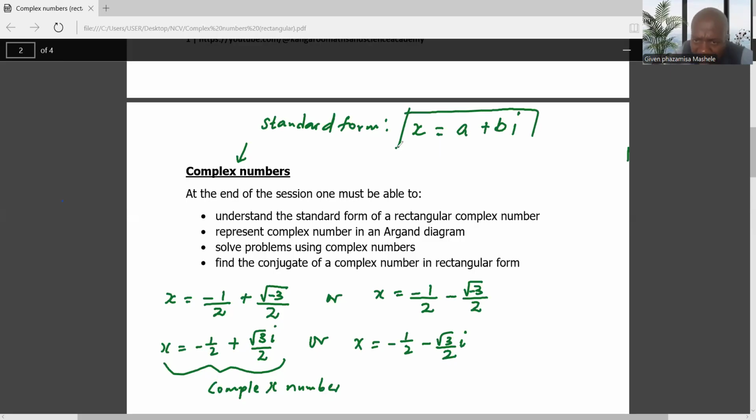So this is called a complex number. And within this complex number, remember we said i is the square root of -1.